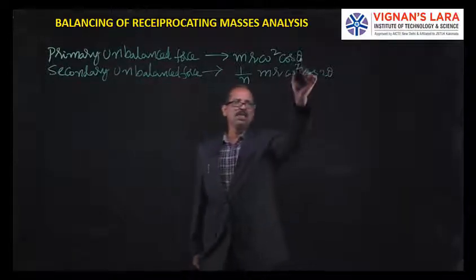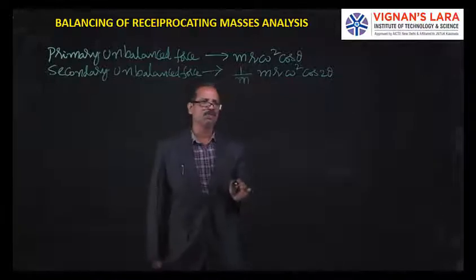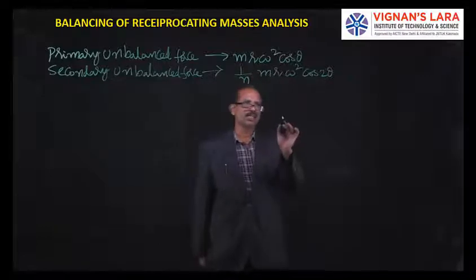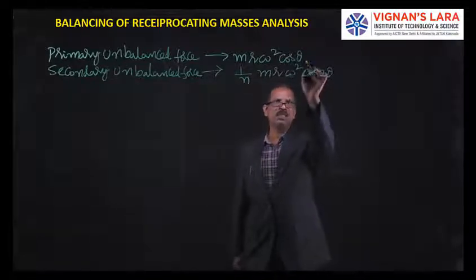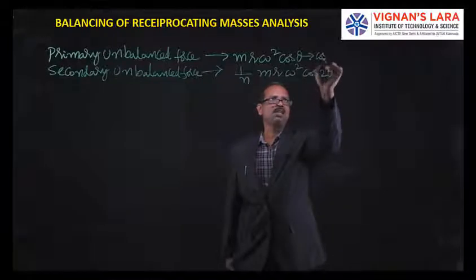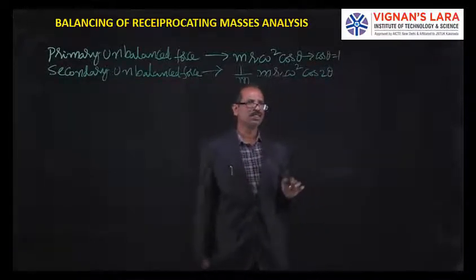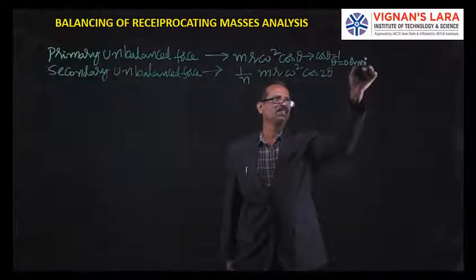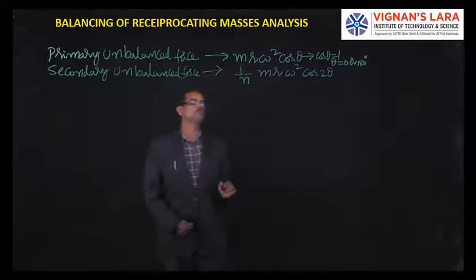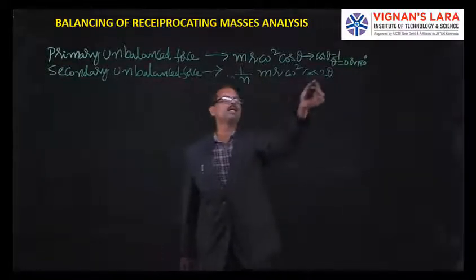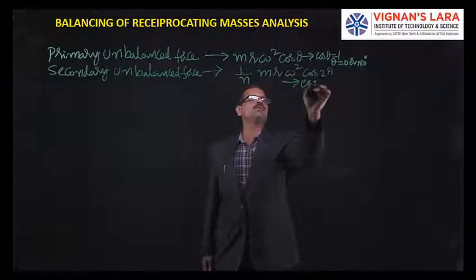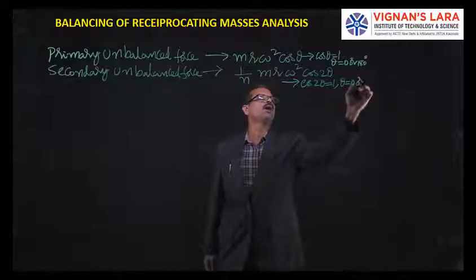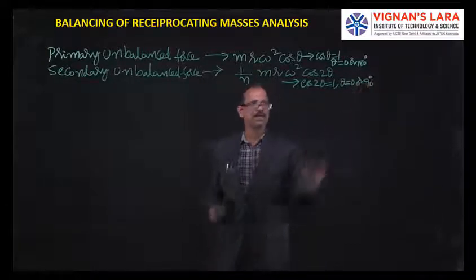You can see here the primary unbalanced force becomes maximum when cos theta is 1, that is, theta is equal to 0 or 180 degrees. Similarly, cos 2 theta is equal to 1 when theta is equal to 0 or 90 degrees.